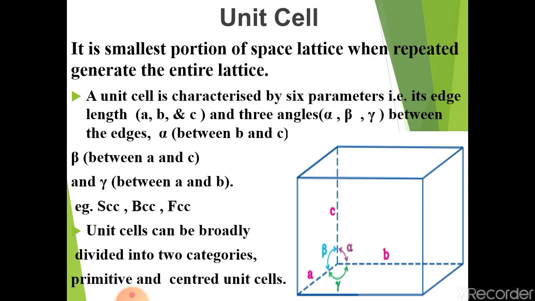Look at the diagram in the form of a cube. Here, three sides a, b, c, known as edge lengths, and three angles alpha, beta, gamma are shown.